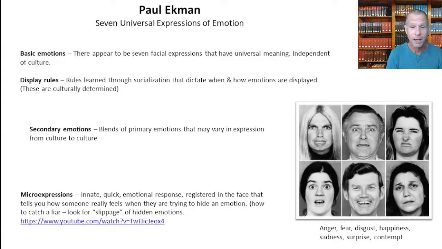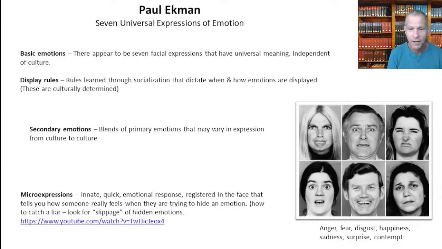So the girl on the bottom left is surprised. She's different from the guy who's afraid. Both of them have eyes open, but you'll notice that his eyebrows are a little bit lower and his mouth is a little bit lower. So they're both seeing something that's shocking. He's seeing something shocking and potentially dangerous, so he's afraid. She's seeing something shocking and probably funny. The guy below her in the bottom center, of course, is smiling.